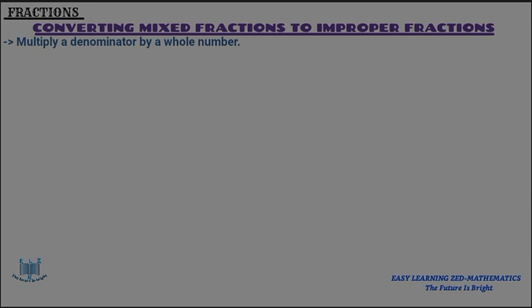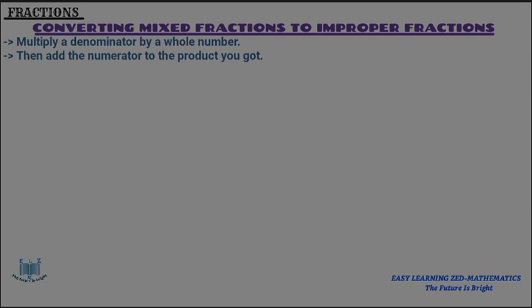Once you have done that, the next thing you need to do is add the numerator to the product you got. So after multiplying the denominator by the whole number, you add the numerator to that answer.